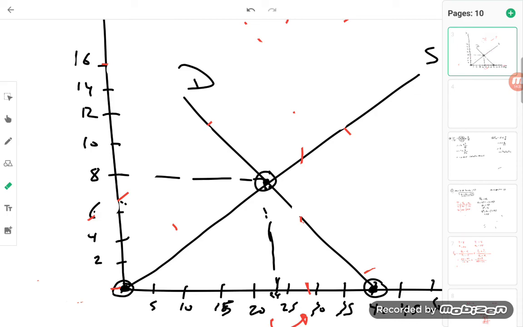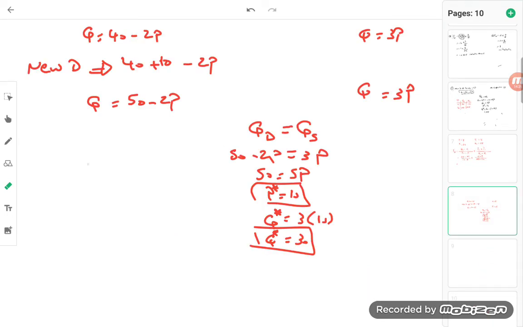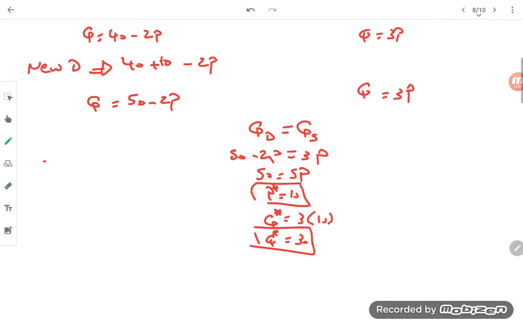We have to find 2 points for the new demand. This is P and this is QD. When price is 0, quantity is 50. When price is 10, quantity is 30. So these are the 2 points that will be used in order to draw the new line.